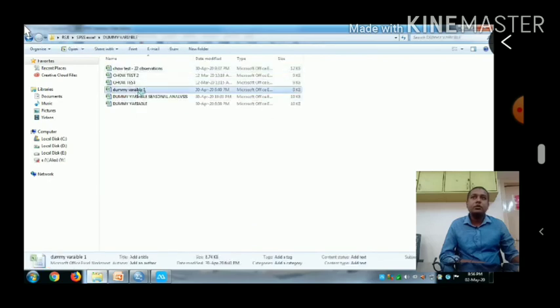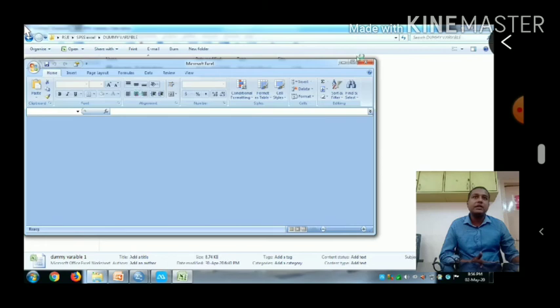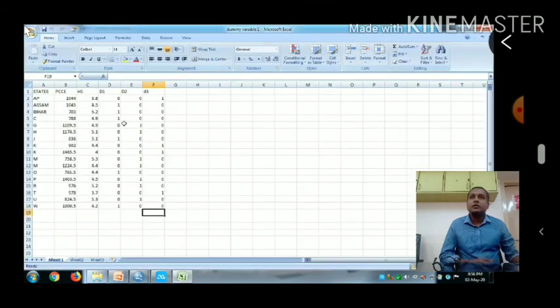If you want to see this specifically in Excel, there are d1, d2 and d3, where d3 is the south. Andhra Pradesh comes under south, Assam 0, Bihar 0, Chhattisgarh 0, Gujarat 0, Haryana 0, Jharkhand 0, everything is 0.